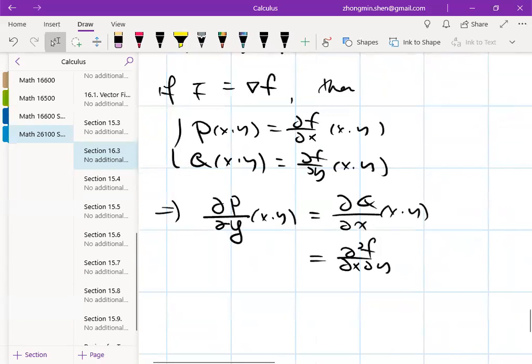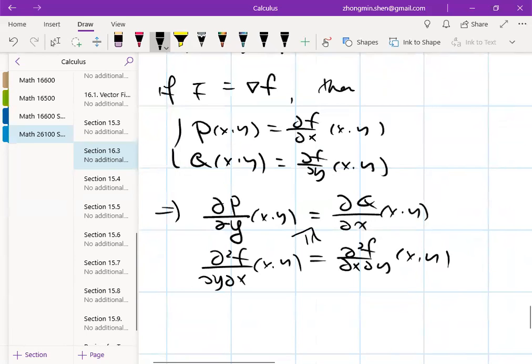The reason is we have this identity. Remember, when we differentiate a function twice in different order, we get the same derivative. So using that, you can get the above identity.